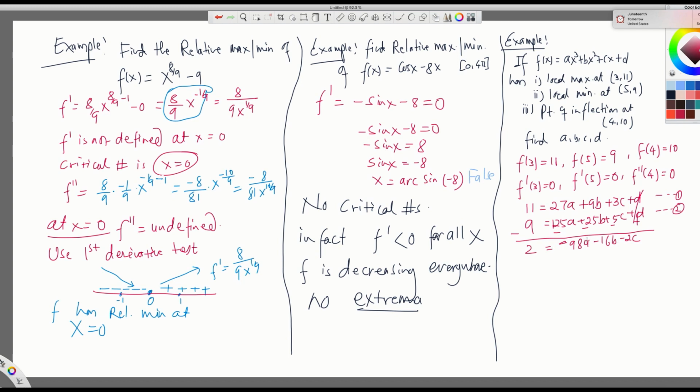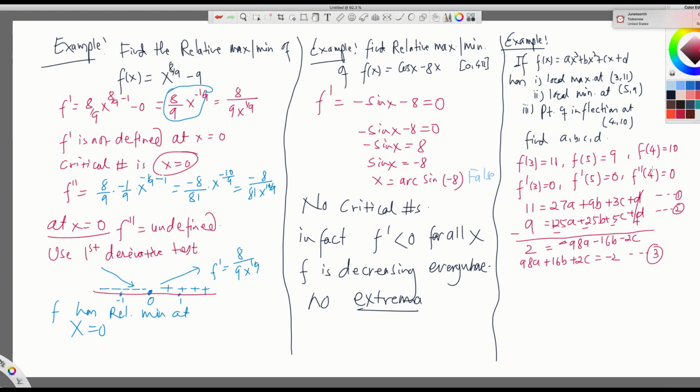Or if you want to, you can multiply both sides by negative 1, and then you will get 98a plus 16b plus 2c equals negative 2. Let's say this is equation 3.